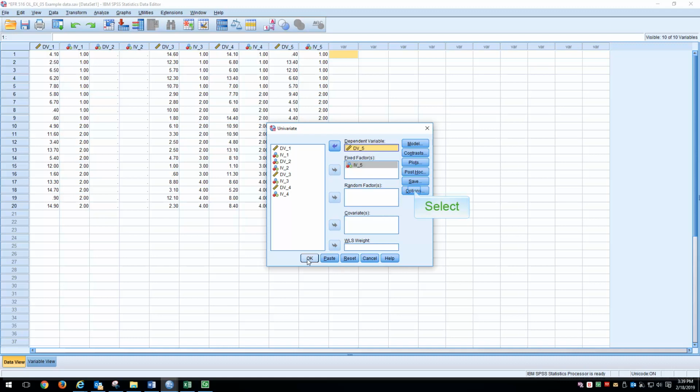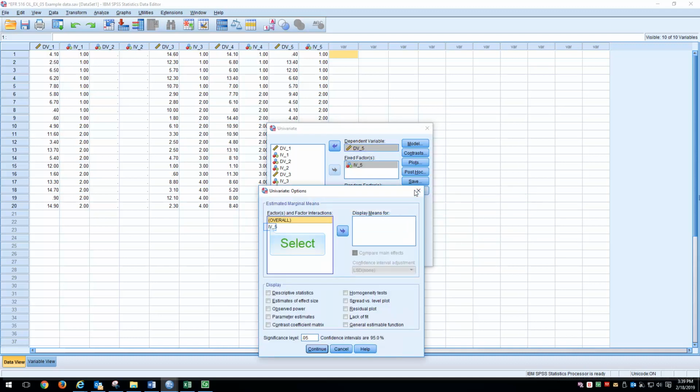So I'm going to go Options, click on the independent variable, and bump over. What that's going to give me is my means. I don't care about the overall mean, but I care about the means for my groups. I'm going to bump those over, say Continue, and then go ahead and say OK.